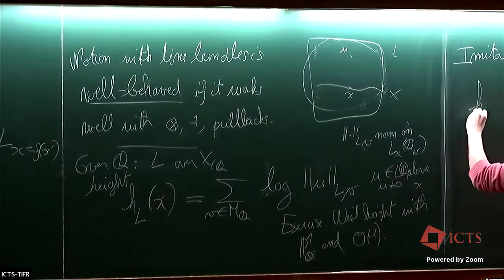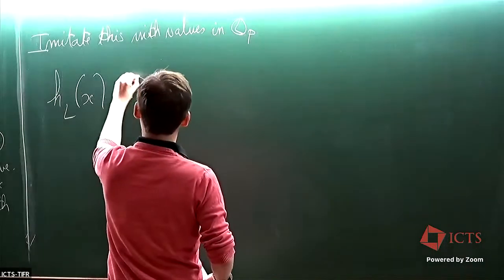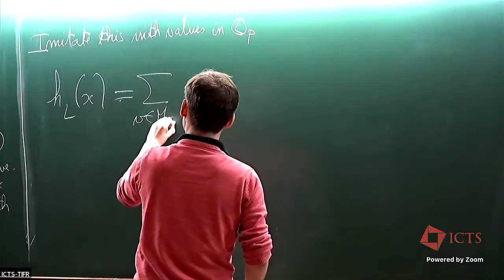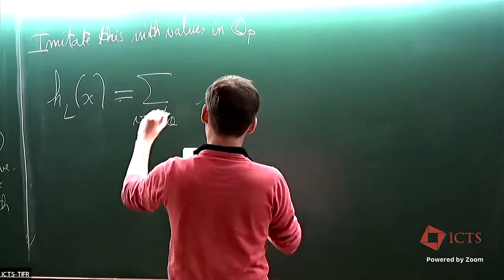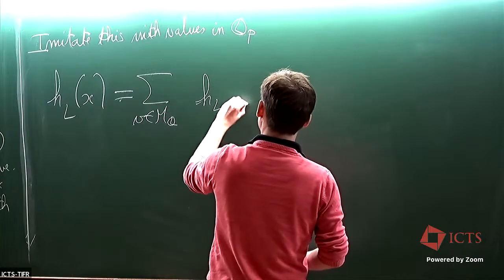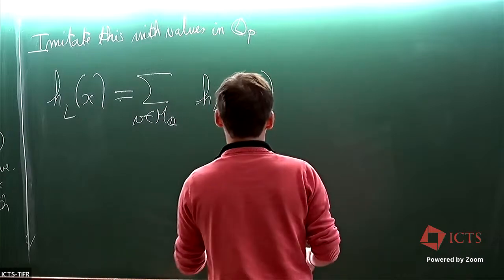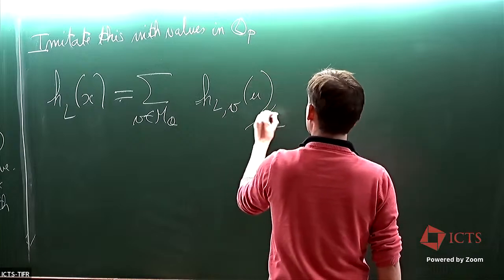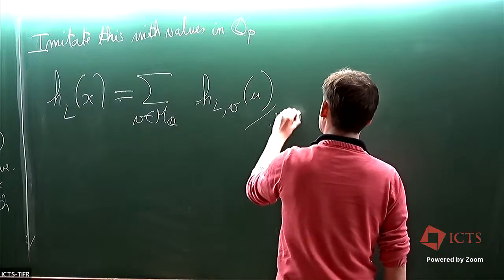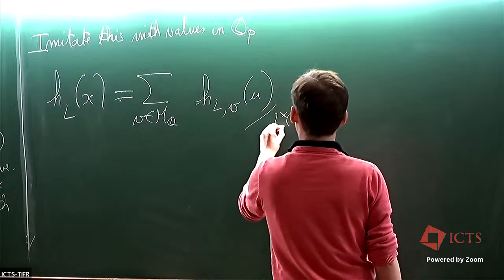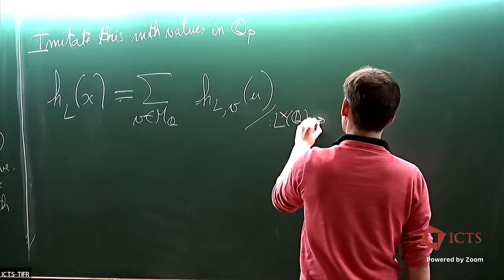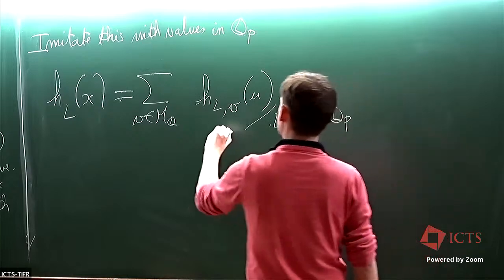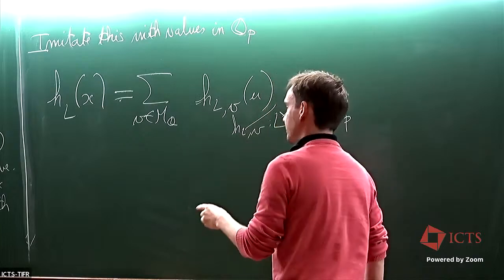So we'll have H_L of x of this form here. So this will be from L star of Q_v to Q_p here with the same convention.